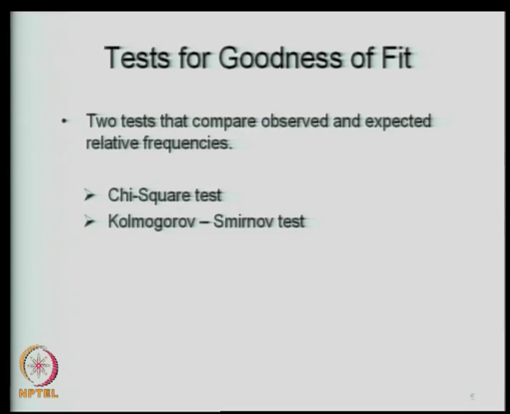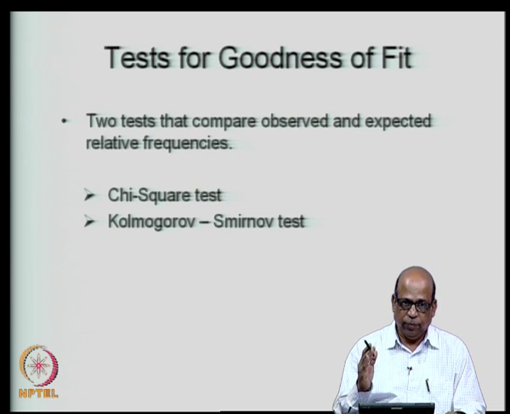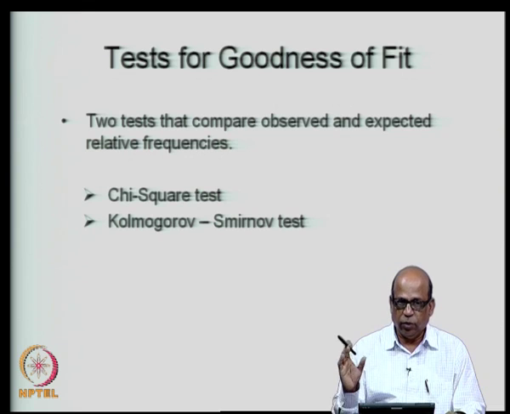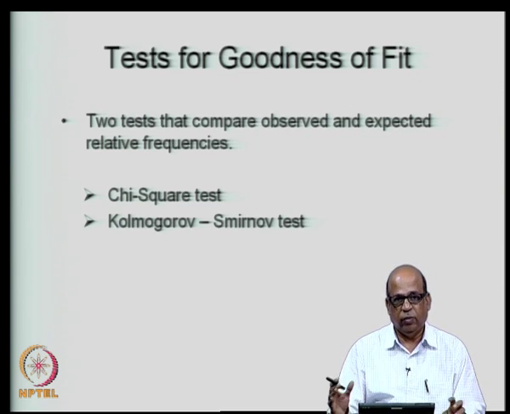We will discuss these two tests now, chi-square and Kolmogorov-Smirnov test. In the chi-square test, we actually compute or count the observed frequencies and compute the expected frequency and take the difference and look at what kind of departures we are getting in the observed frequency with respect to the expected relative frequency in some statistical sense.